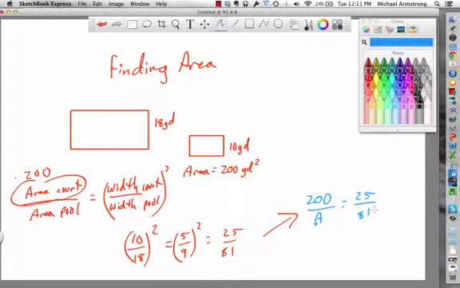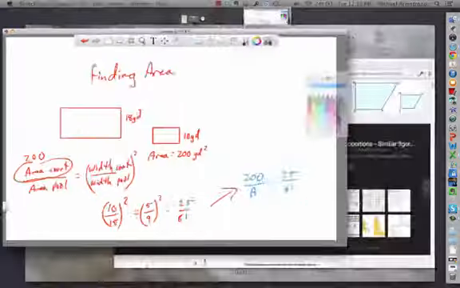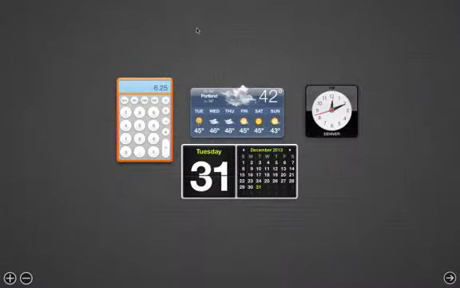And now we're going to have to do this 200 times 81 divided by 25 thing. This is probably a calculator exercise. So you multiply 200 times 81 and divide by 25. Clear it out. 200 times 81 divided by 25 is 648.